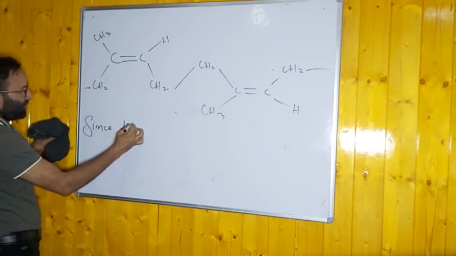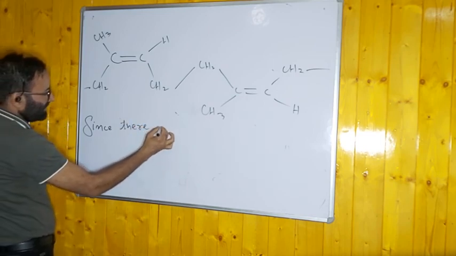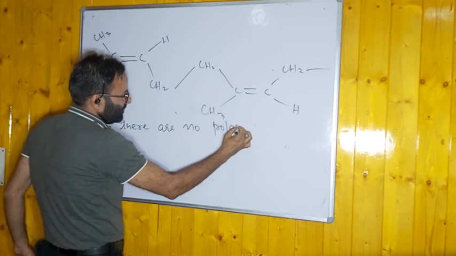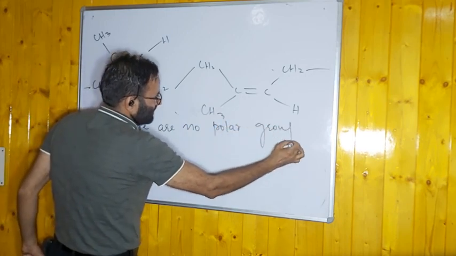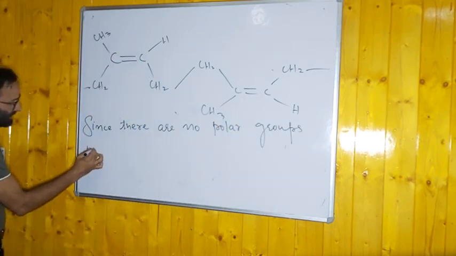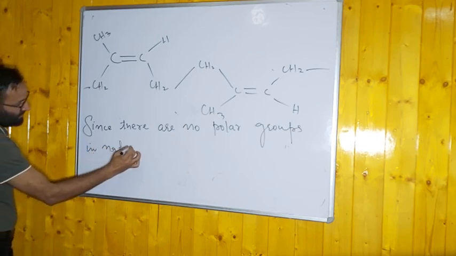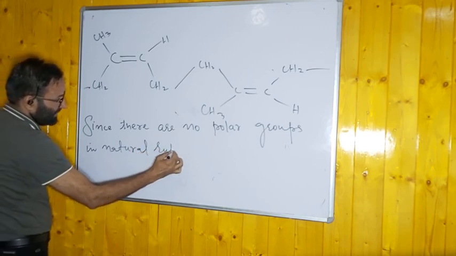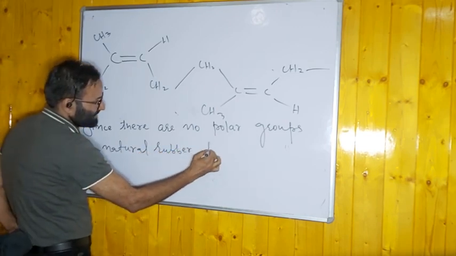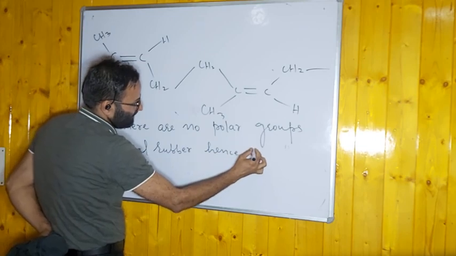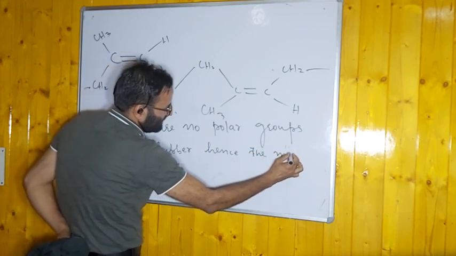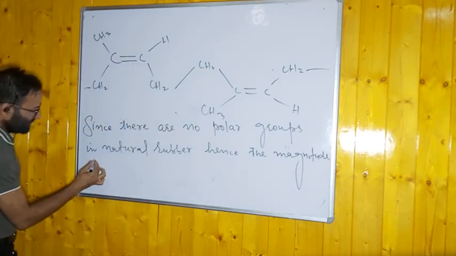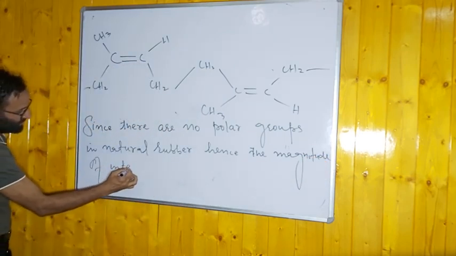There are no polar groups in natural rubber. It's clear from the structure of natural rubber. Hence the magnitude of intermolecular forces.